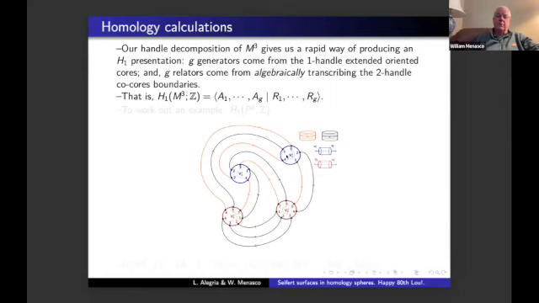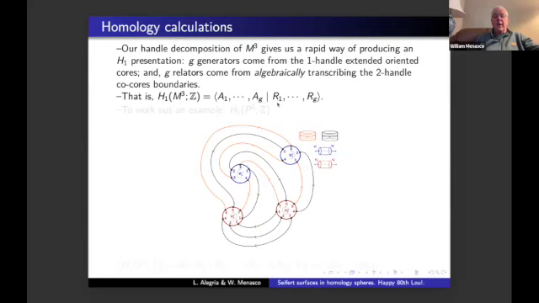I showed those loops before, and those loops are oriented, and the orientation is coming from the orientation of the core of the one handles here. They are going to be the generators of homology.